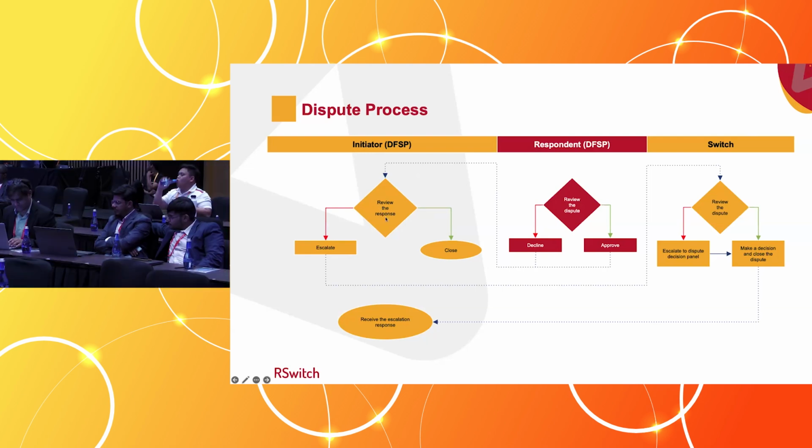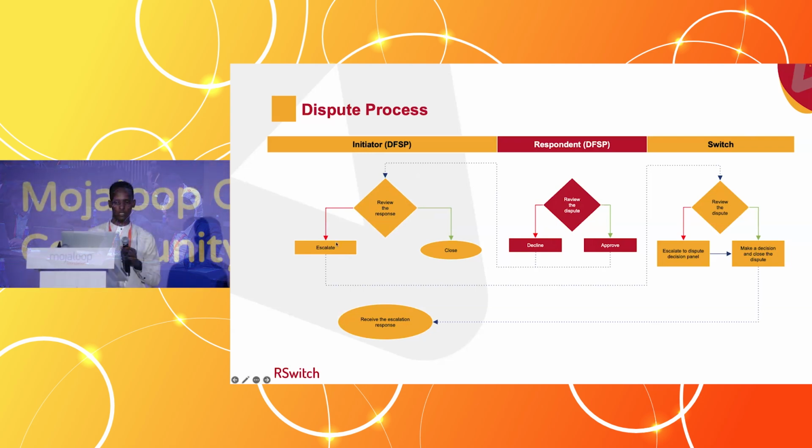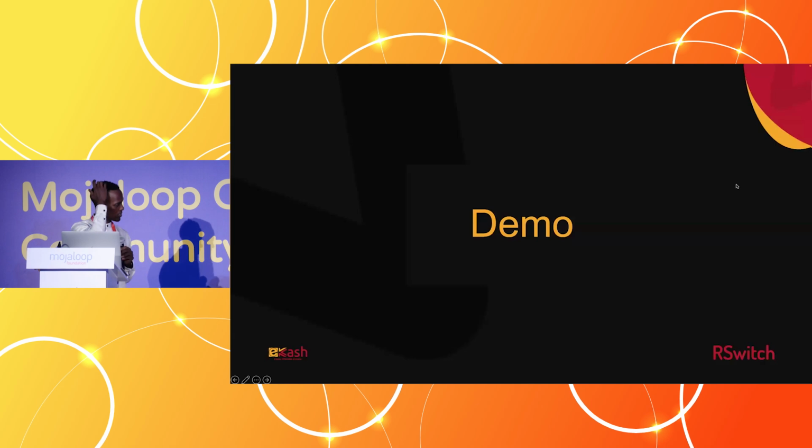It comes back to the initiator, and the initiator will review and close the dispute, or if they choose to escalate it, it will go to the switch. The hub users will determine if they agree with the escalation or not, and when it's done, they should tell the initiator what they decided on that dispute. Yeah. So without further ado, let's go to the presentation, the demo.